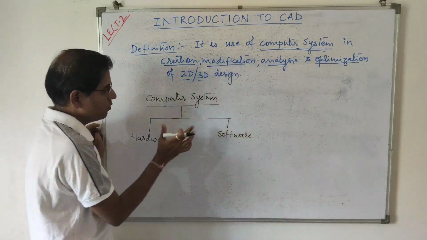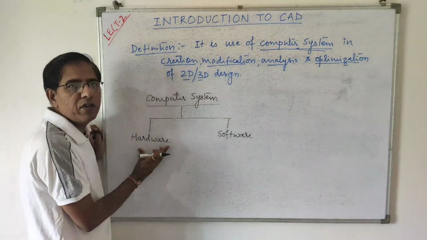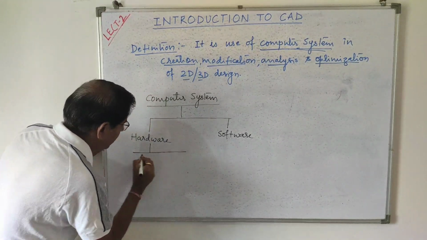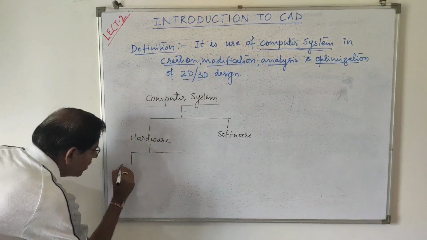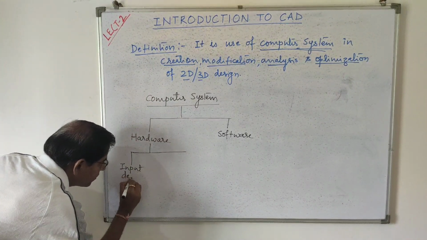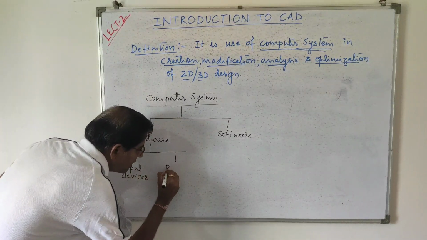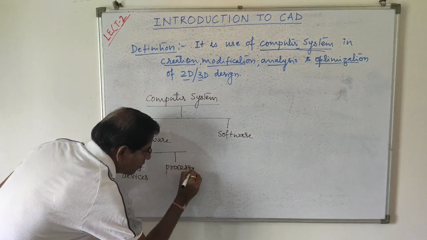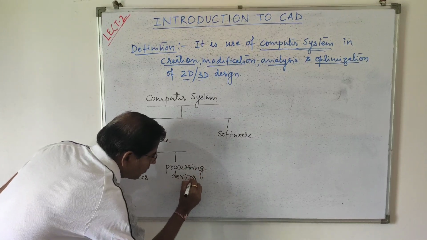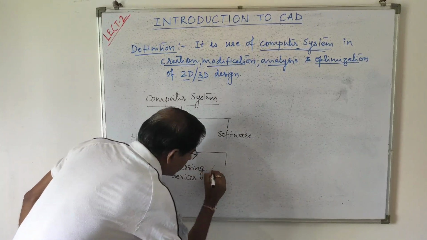Basically, a computer system requires hardware and software. Now, this hardware is again categorized into three categories, that is input hardware or input devices, then processing devices, and the third one is output devices.